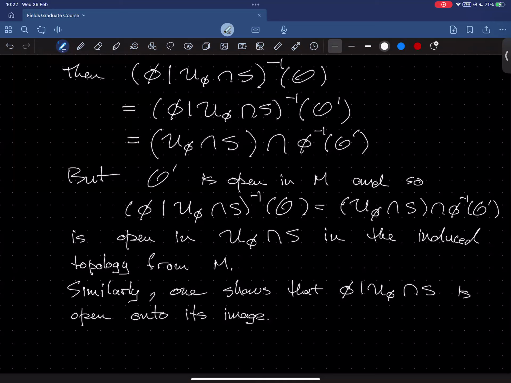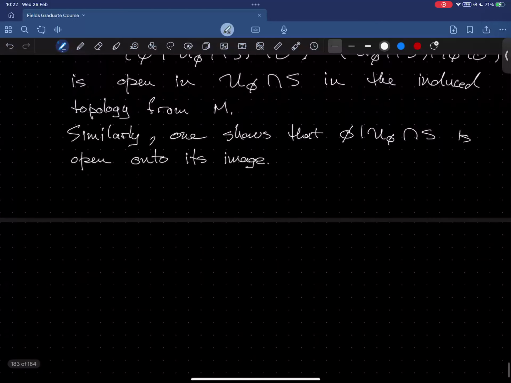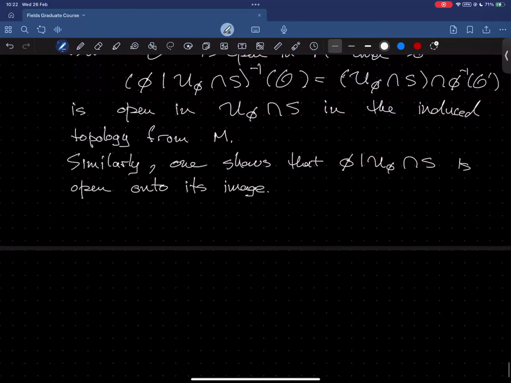And it's exactly the same kind of argument, except you're going the other way. All right, so this proves the last part of the theorem, and we're also going to use that here.